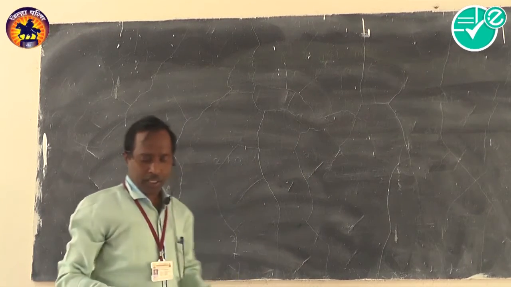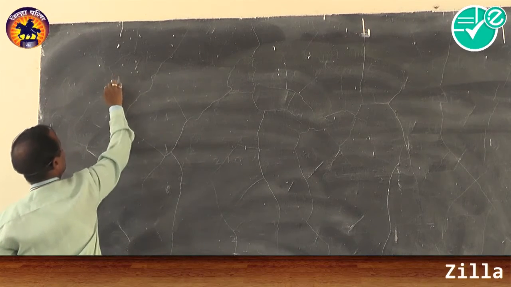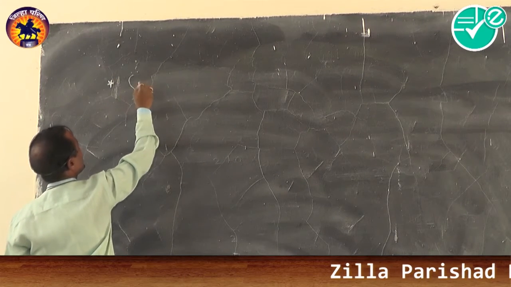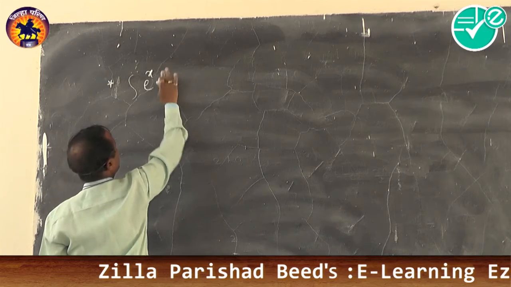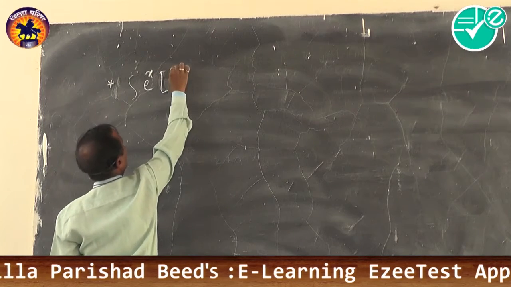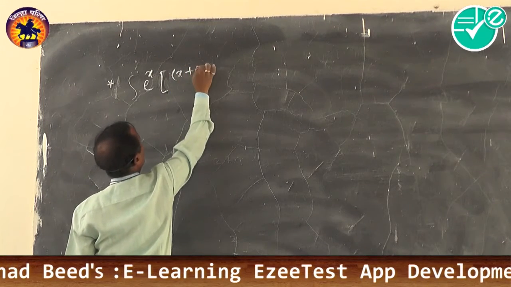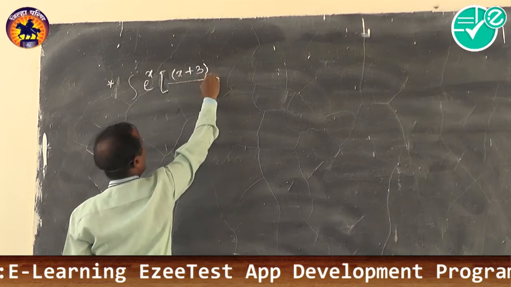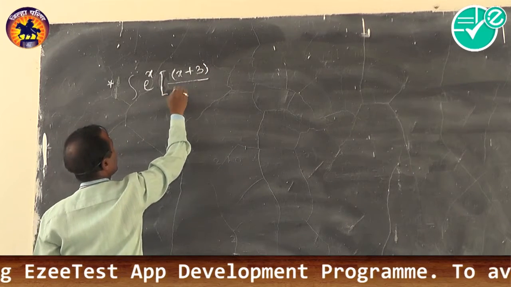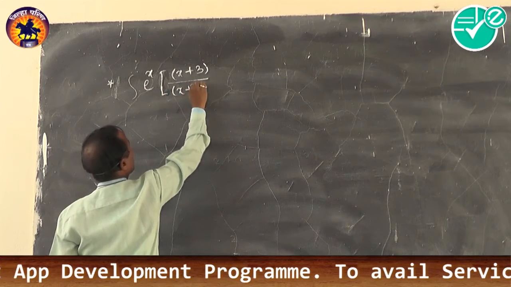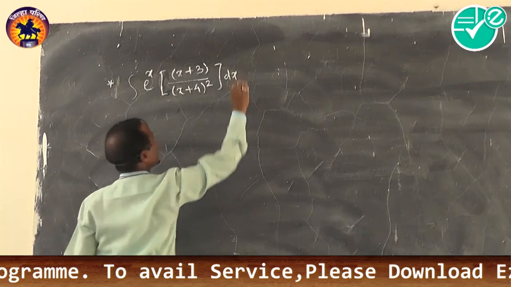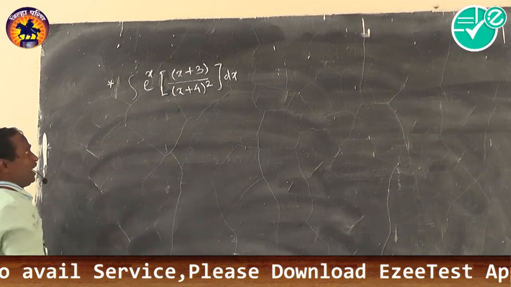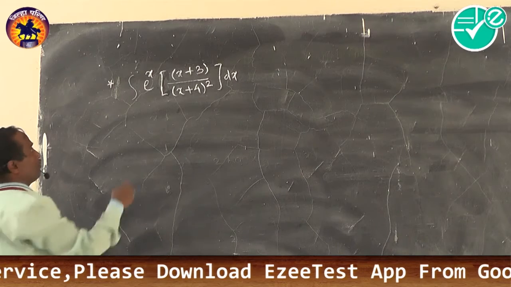Next example, e to the power x into (x plus 3) divide by (x plus 4) whole square dx. Now we want to find the integration of this function.